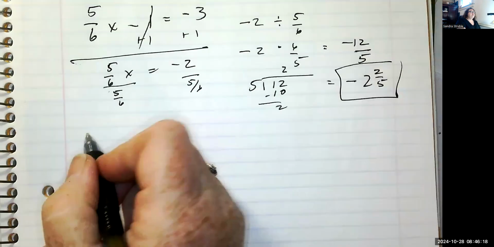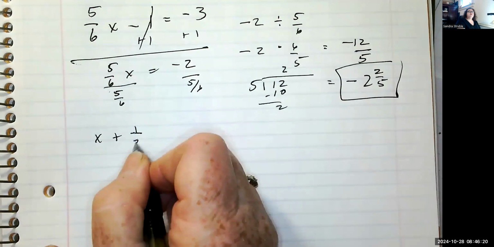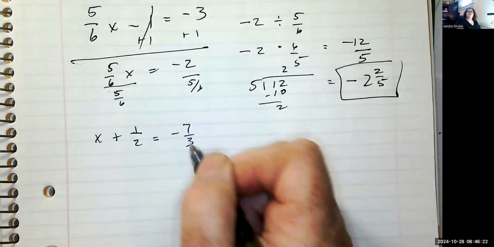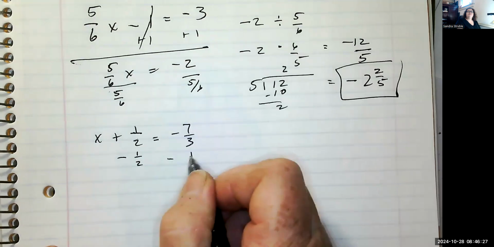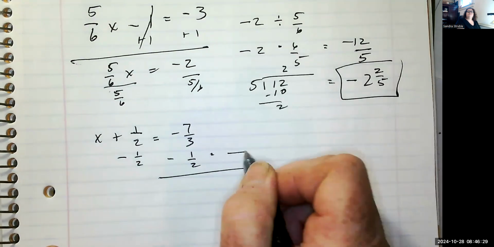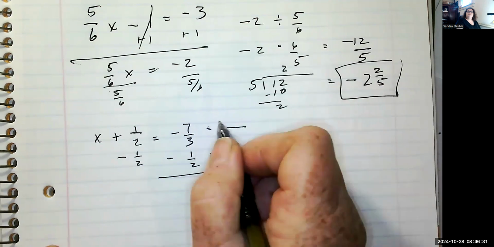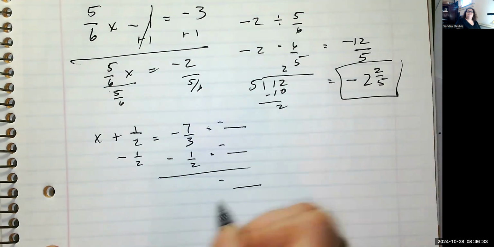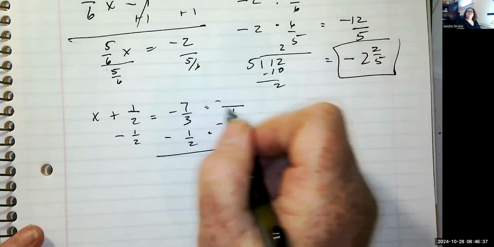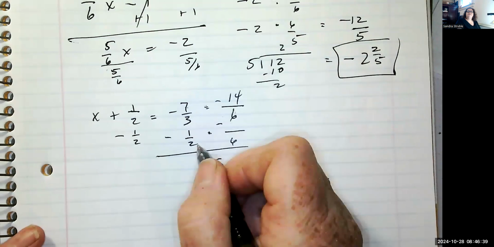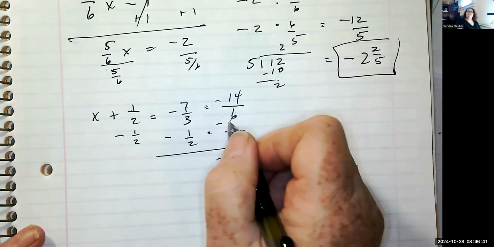One more. X plus 1/2 is equal to -7/3. 1/2 is added to x, so I need to subtract it. They're both negative, so my answer is going to be negative. 6 is my common denominator. 3 times 2 is 6. 7 times 2 is 14. 2 times 3 is 6. 1 times 3 is 3.